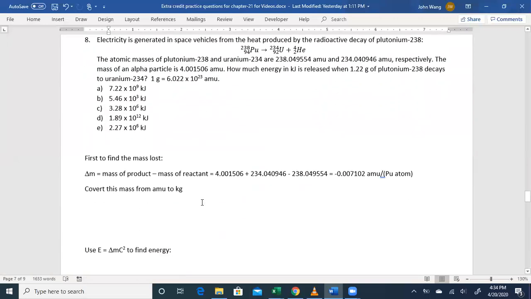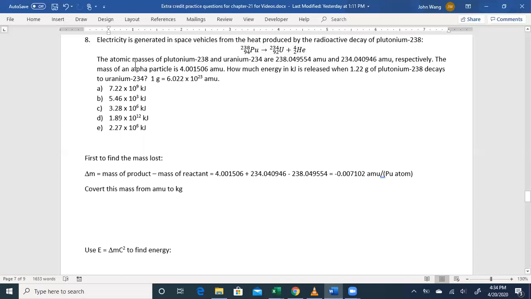Okay, number 8 is about energy from nuclear reactions. Number 8 tells us electricity is generated in a space vehicle from the heat produced by the radioactive decay of plutonium-238, and the given equation is this. We have plutonium-238 producing uranium-234 plus helium particles.